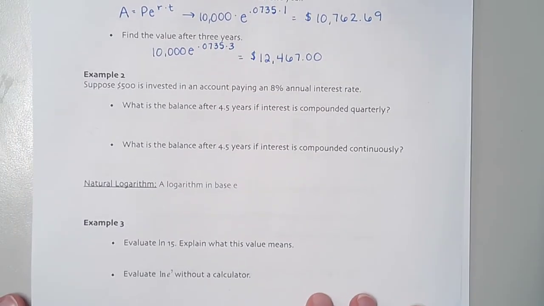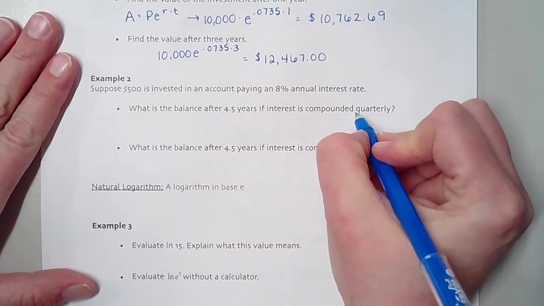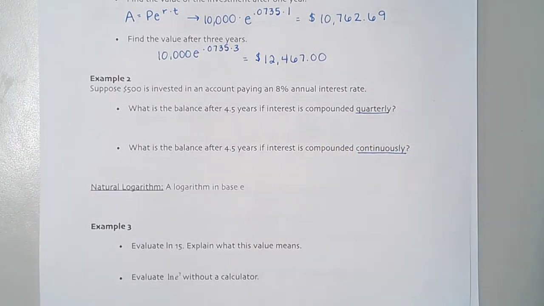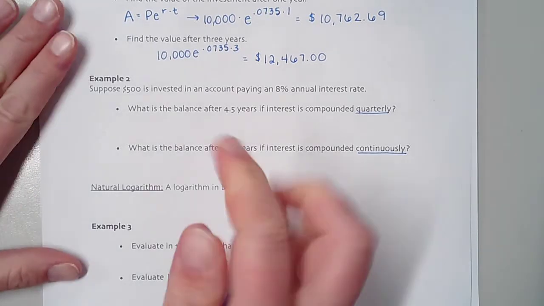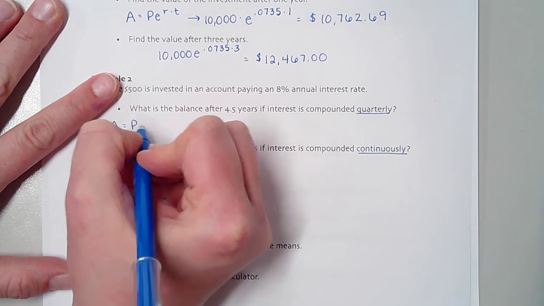Okay, example 2. So we've got $500, 8% annual interest rate, and then this question is asking me to compound quarterly, and this question is asking me to compound continuously. That's 2 different formulas. Quarterly is where I'm going back and using the original compound interest formula.